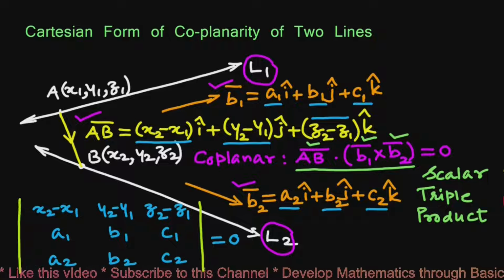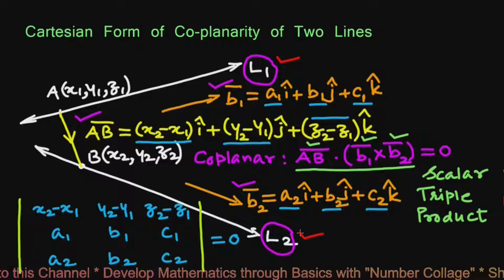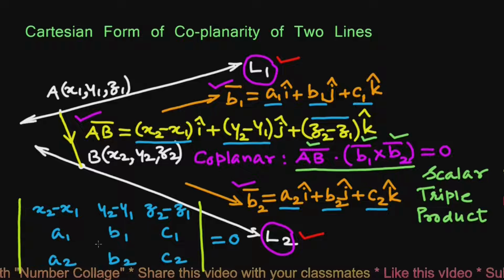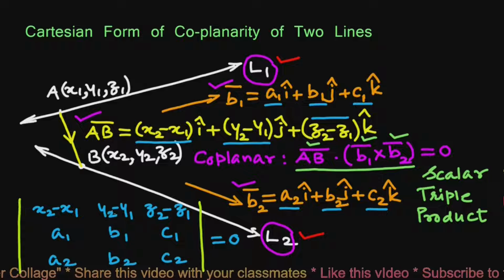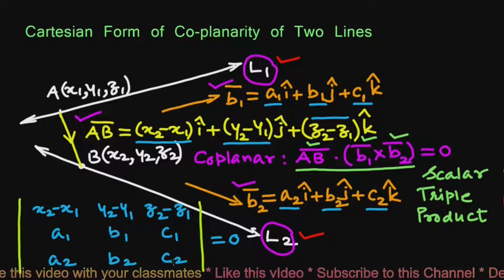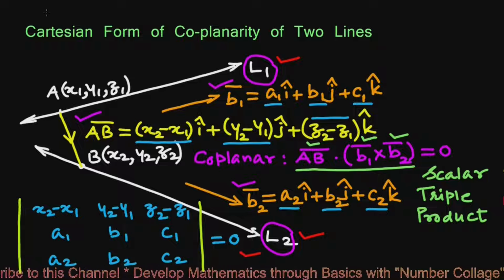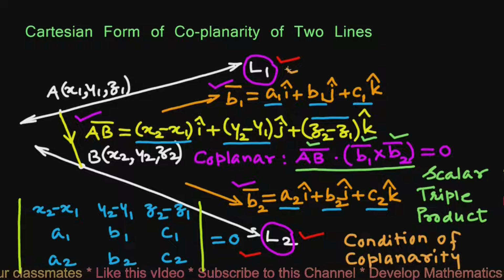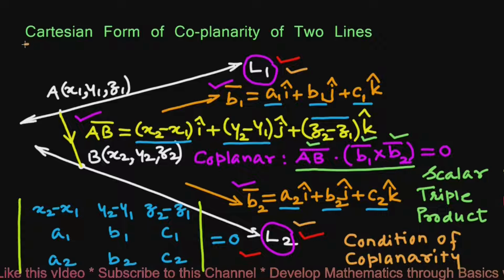Therefore we conclude that lines L1 and L2 given in the Cartesian form will be coplanar when the determinant with rows x2 minus x1, y2 minus y1, z2 minus z1; a1 b1 c1; a2 b2 c2 equals 0. So this is the condition of coplanarity of two lines L1 and L2 given in the Cartesian form.